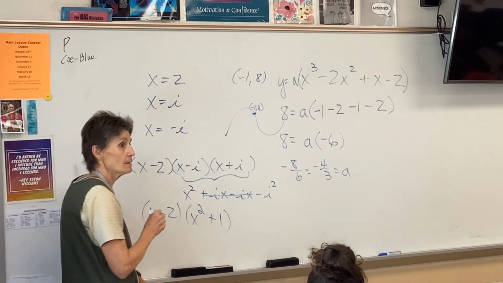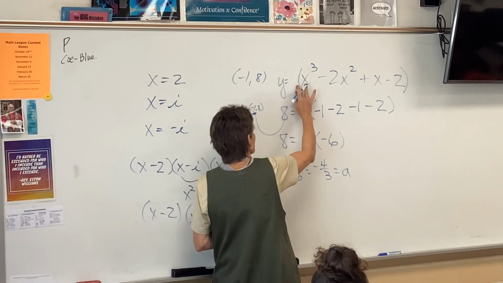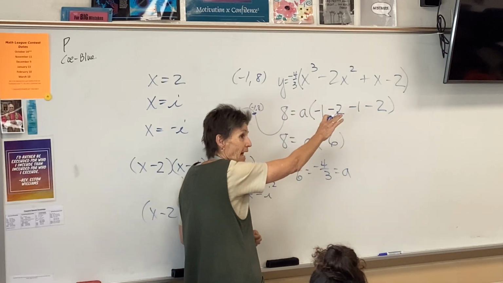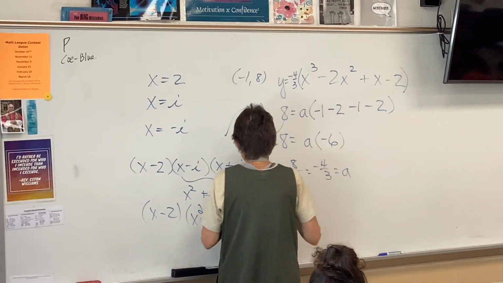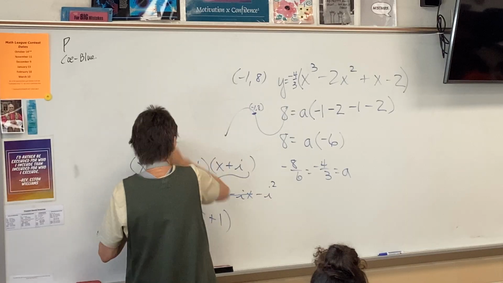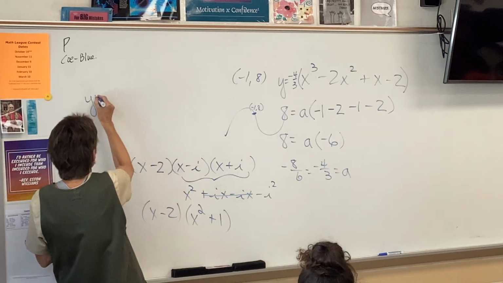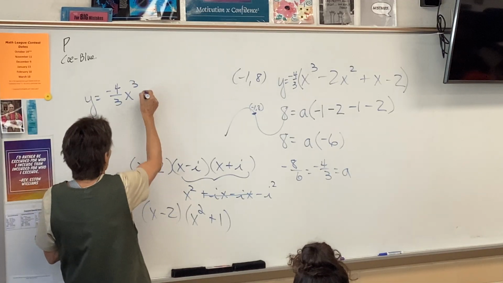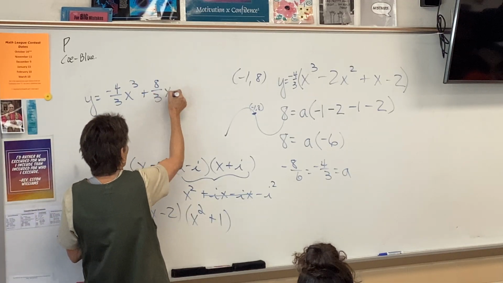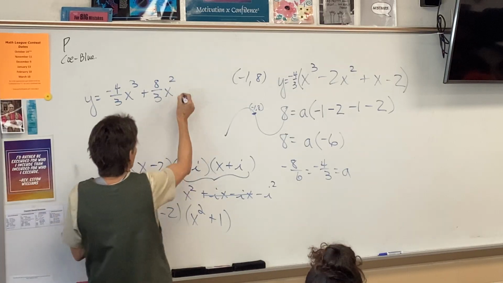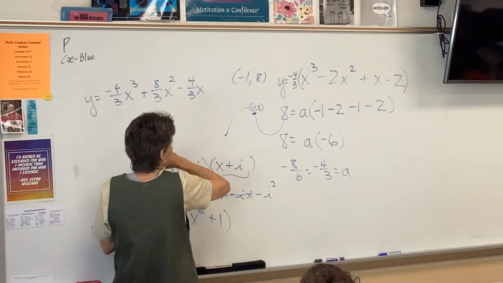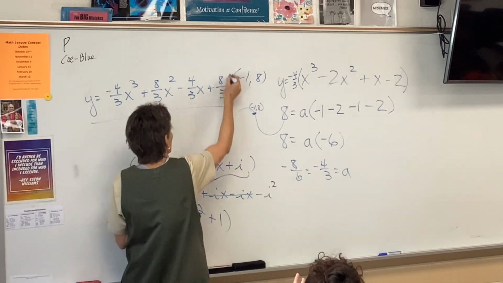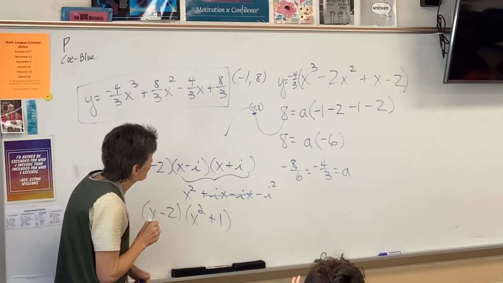Does that look okay? So my equation is -4/3 times that, which, since it says multiply it out, I will. That will be -4/3 x cubed plus 8/3 x squared minus 4/3 x plus 8/3. And there is our answer.